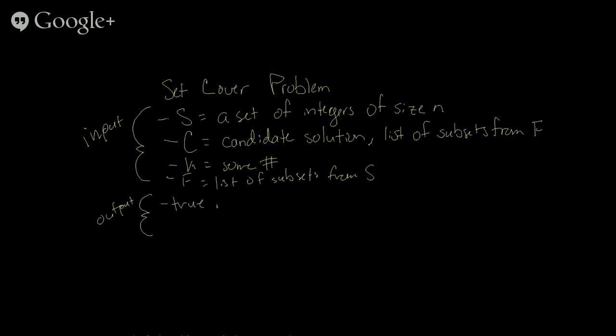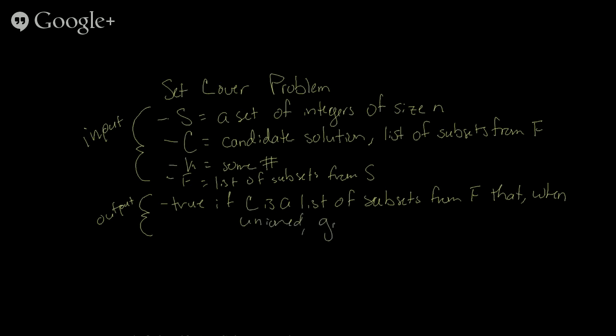and it's just true if C is a list of subsets from F that when unioned gives S, and we'll say we need this list to be less than or equal to K. So the size of C is less than or equal to K. Okay, and then it needs to be false if not.